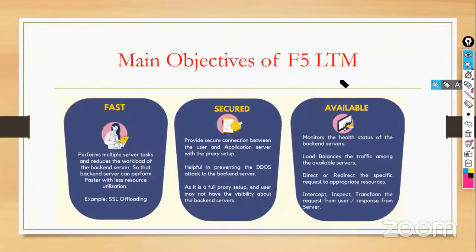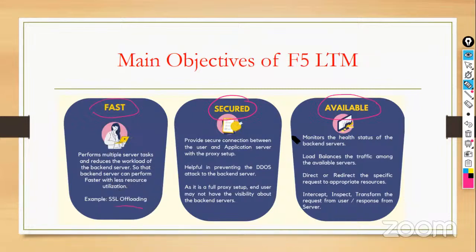So these are some objectives of the LTM. You see: fast, secure, and available. It performs multiple server tasks and reduces the workload of the backend servers, so that backend servers can perform faster with less resource utilization. Right?